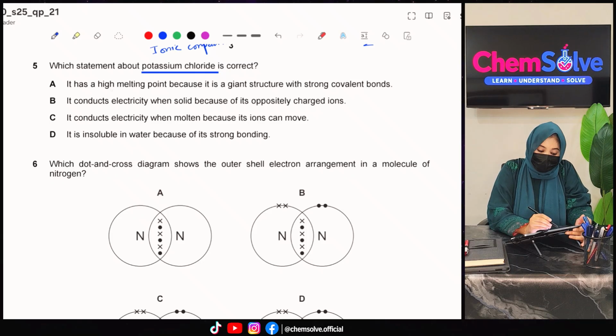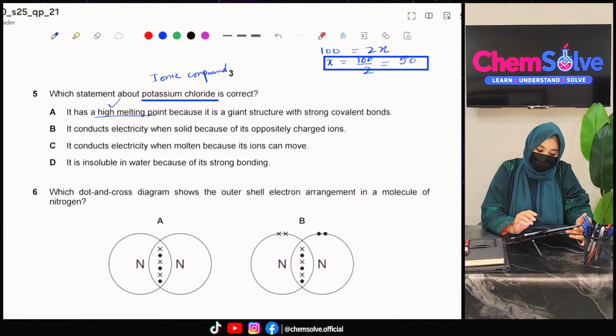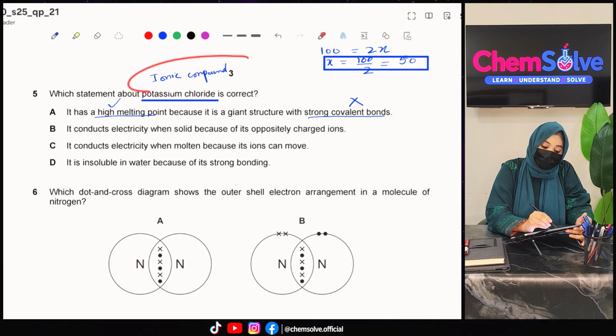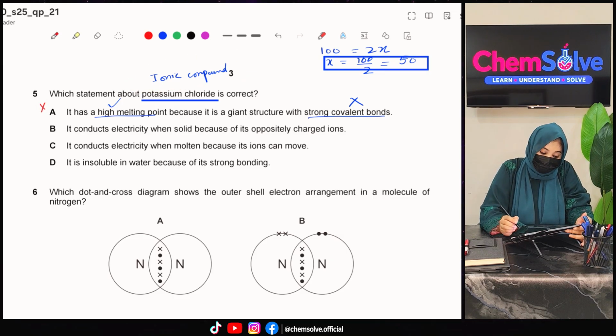It has high melting and boiling point. Of course, ionic compounds have high melting and boiling points, so this statement is correct. Is it a giant structure with a strong covalent bond? Of course not. We just discussed it is an ionic compound. It means option A is not correct.